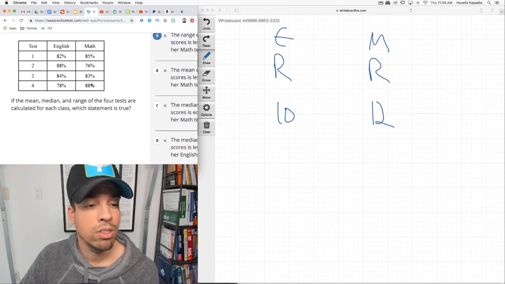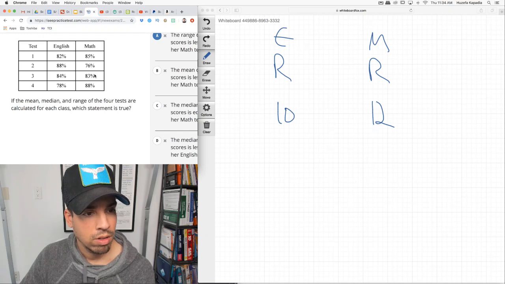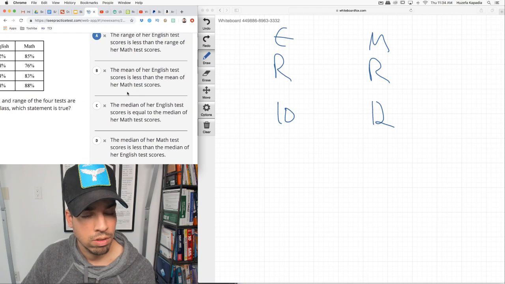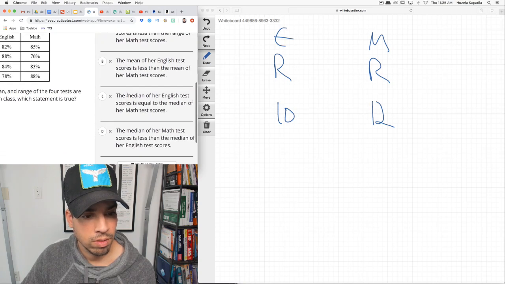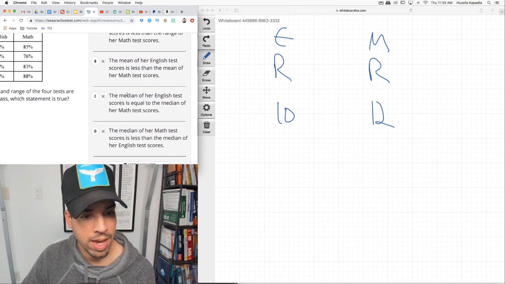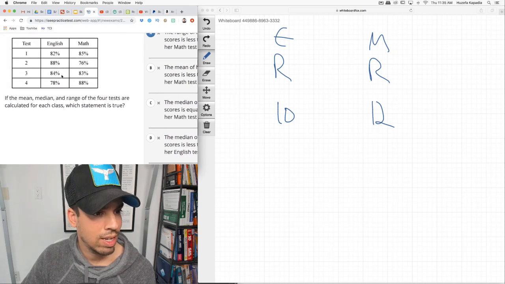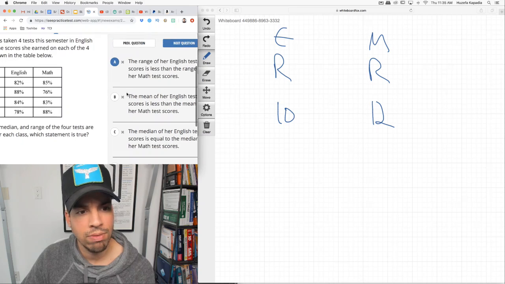We have to take the average of the two middle terms because it's an even number. The median of this is 84. They're not equal. The median of math is less? Median of math is 84. Median of English is 83. So it's wrong. Yeah, it's definitely A.